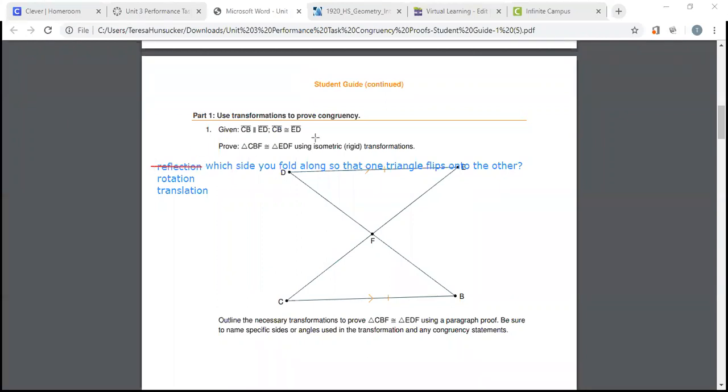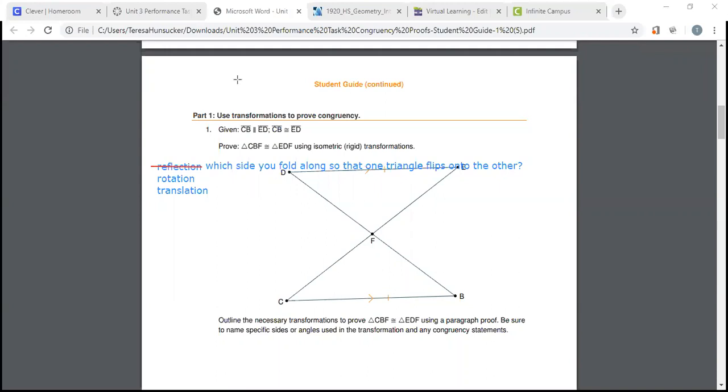Okay. The next choice is a rotation. Is there a point that remains fixed which you can turn triangle CBF around so that it maps onto triangle EDF? Is there a point, a center of rotation?